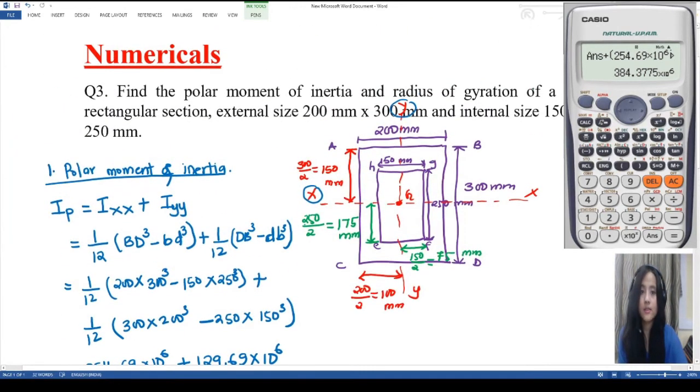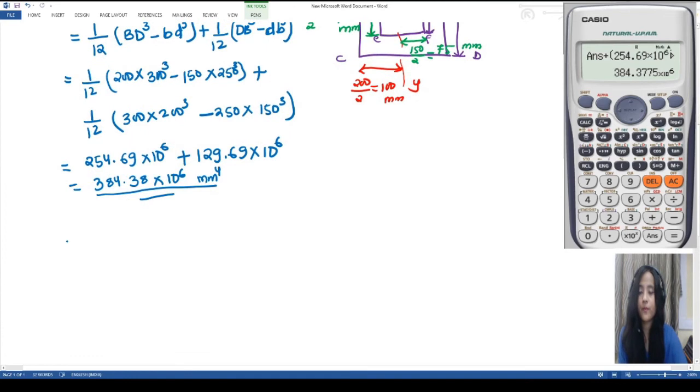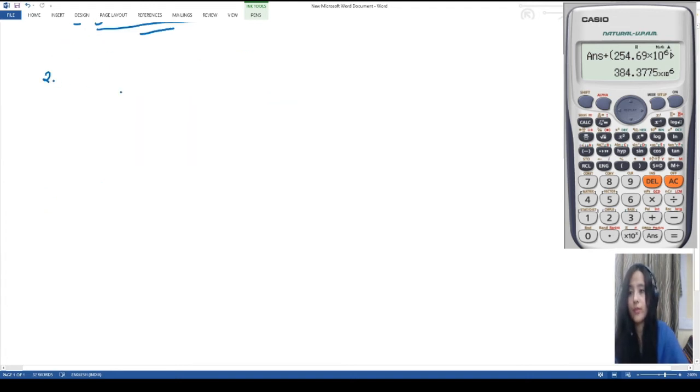Now what do they ask next? The radius of gyration of the hollow rectangular section. Now we have to find radius of gyration also. So number 2, radius of gyration of the hollow rectangular section, right?